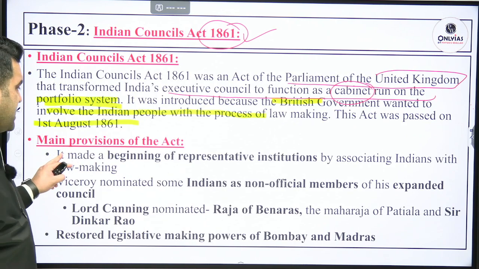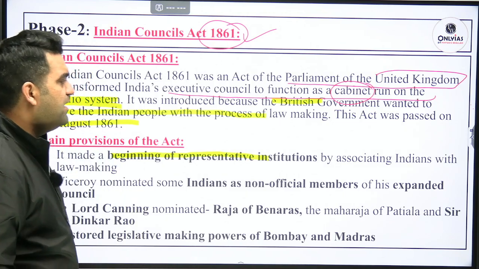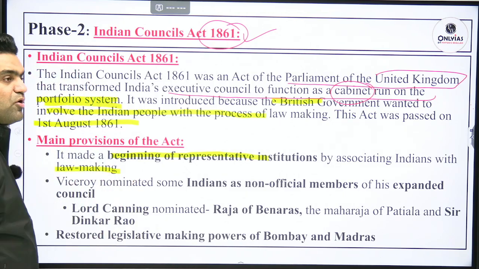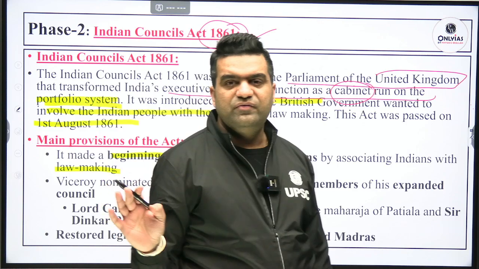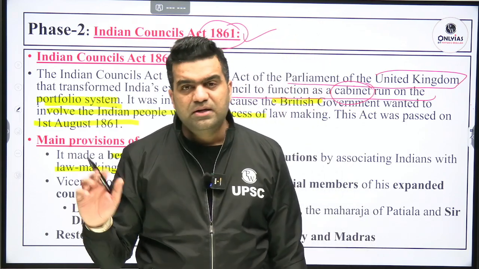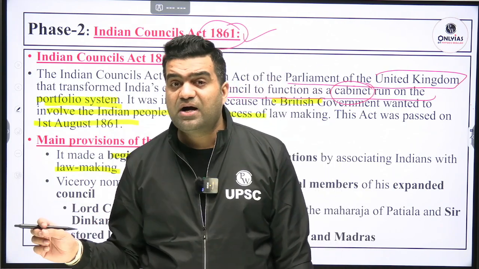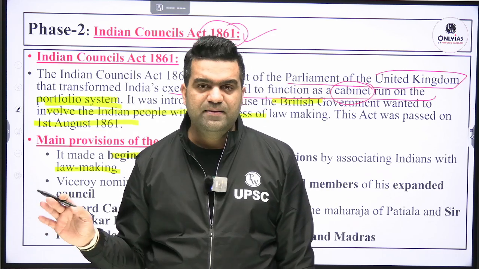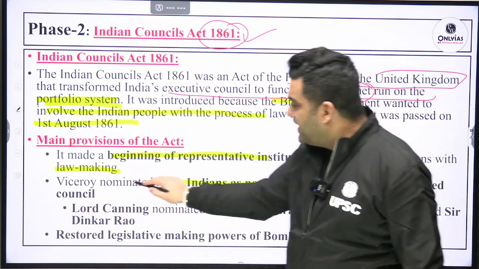Main provisions of the act: it made a beginning of representative institutions in India by associating Indians with lawmaking. Until now, Indians were associated in the administration of the country through civil services, open competition having started from the Charter Act of 1833. The Viceroy nominated some Indians. Were the Indians elected?